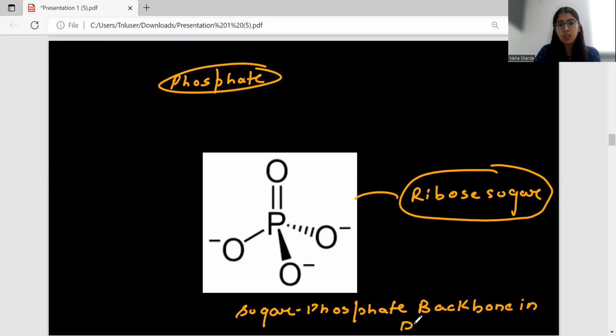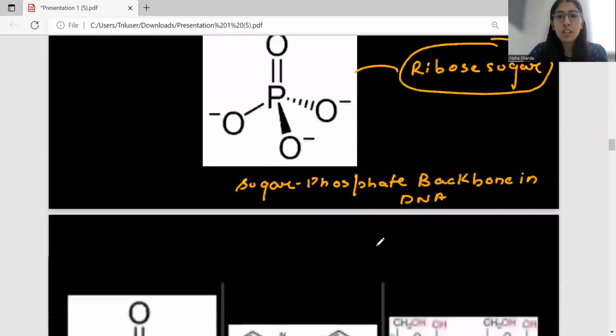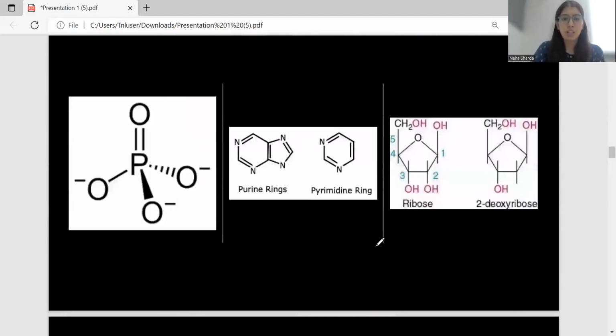How it's made, we will see in the upcoming slide. This sugar and phosphate form the sugar phosphate backbone. How it makes the backbone, what this backbone is, we will learn in the next slide.